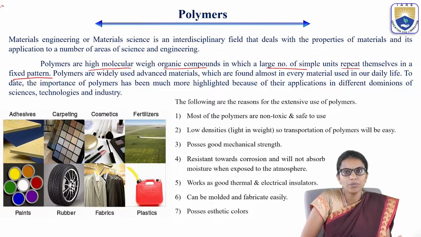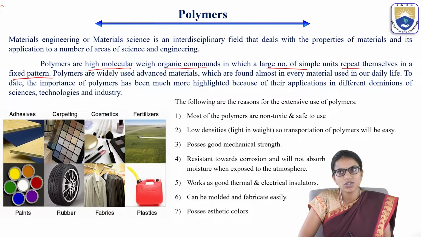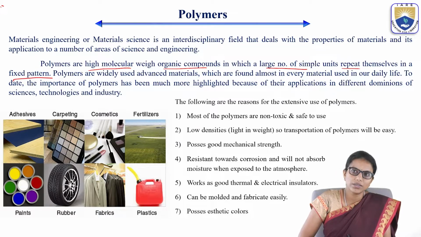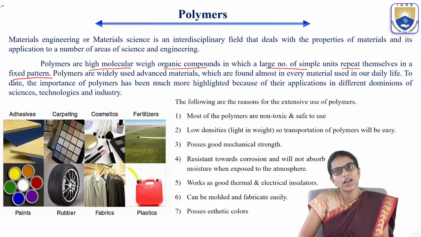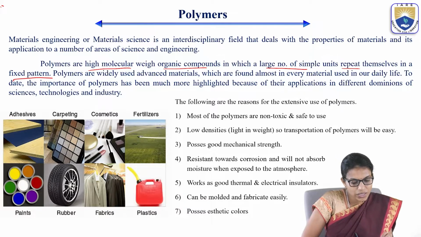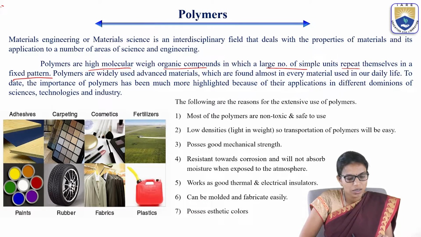They possess good mechanical strength, are resistant to corrosion, and do not absorb moisture when exposed to the atmosphere. They work as good thermal and electrical insulators, can be molded and fabricated easily, and possess aesthetic color. Here I have given some pictures of polymers we use in our daily life, like cosmetics, fertilizers, paints, rubbers, fabrics, plastics, etc.